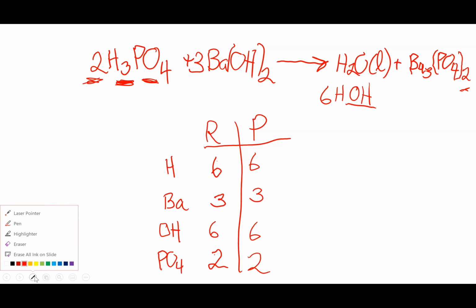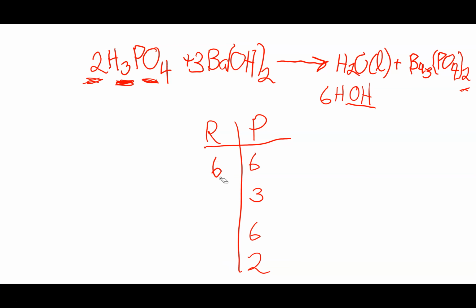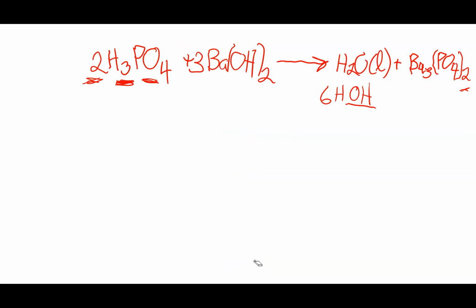Next, what I'm going to do is I'm going to show you how to take a total equation and change it into a total ionic equation. So when you write a total ionic equation, what you do is you represent everything that's an ion as an ion, and you keep together solids and liquids.